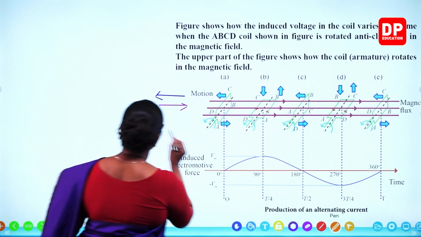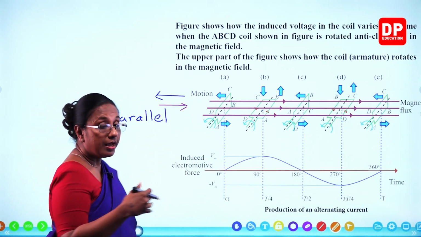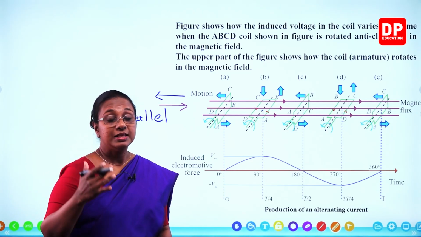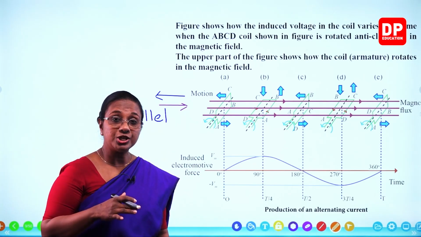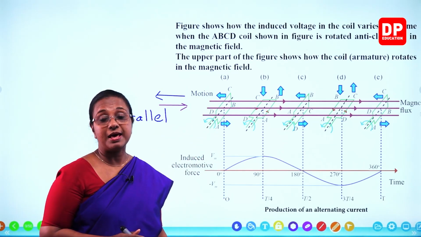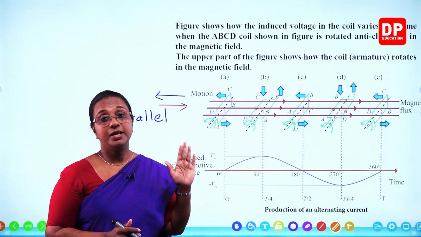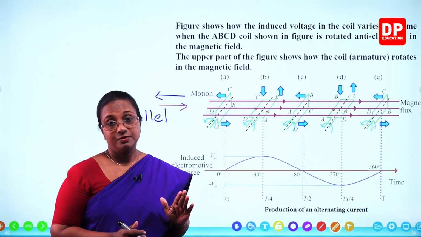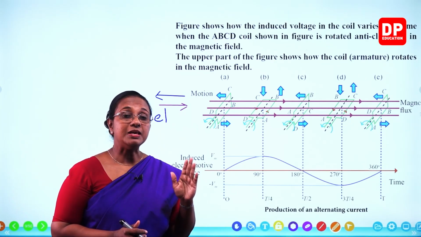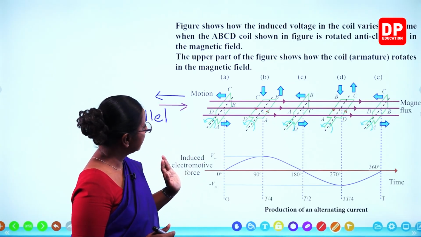Now for electromagnetic induction to happen, the magnetic field and the motion have to be perpendicular. But here it is parallel. Then at this instance, there will be no induced electromotive force. Is that clear? So there will be no EMF.